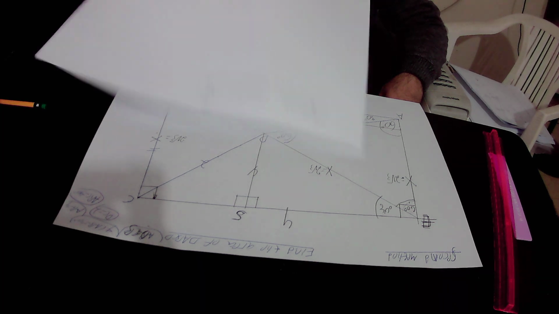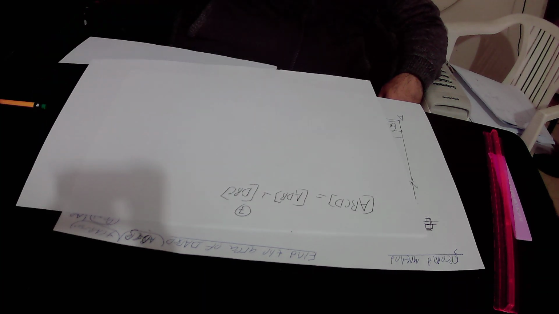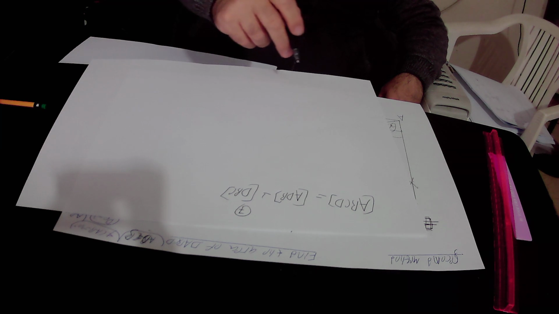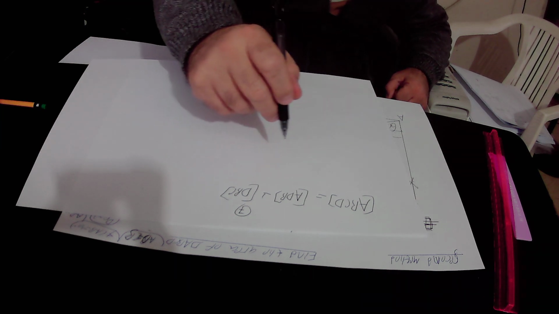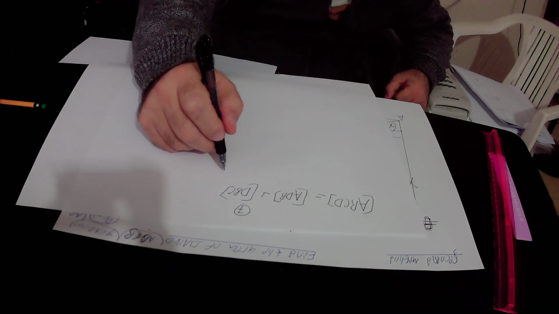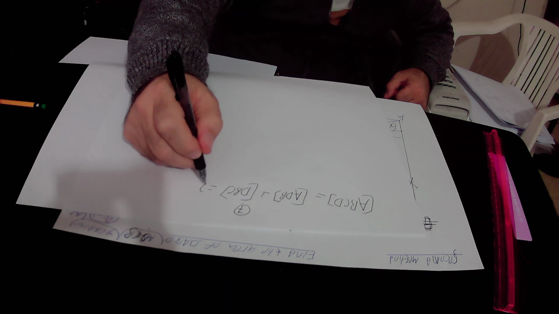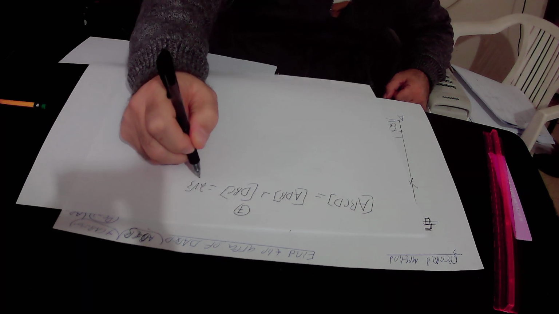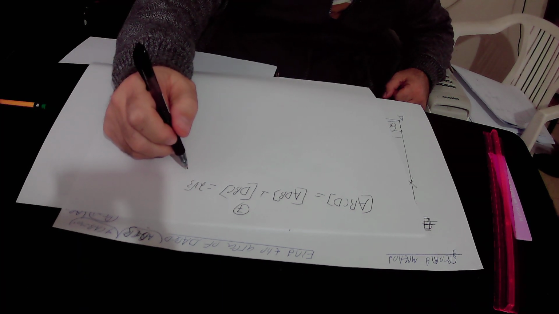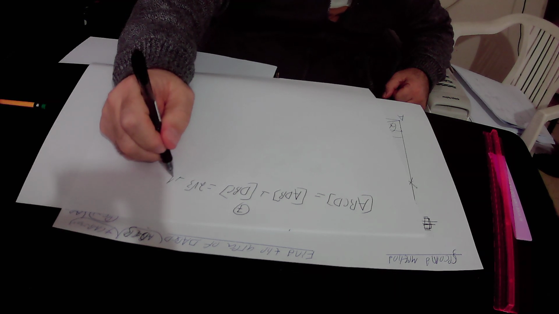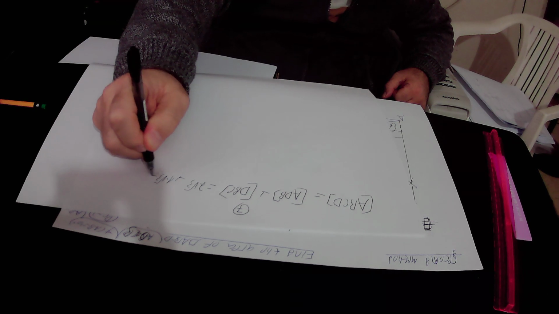I repeat again, the area of quadrilateral ABCD equals the area of triangle ADB, that is actually 2 times square root of 3 units, plus the area of triangle DBC, that is actually 1 times square root of 3 units.